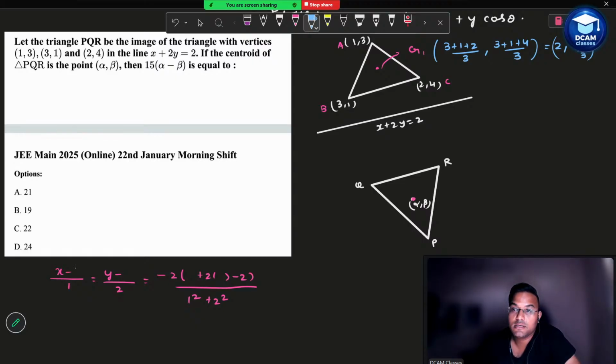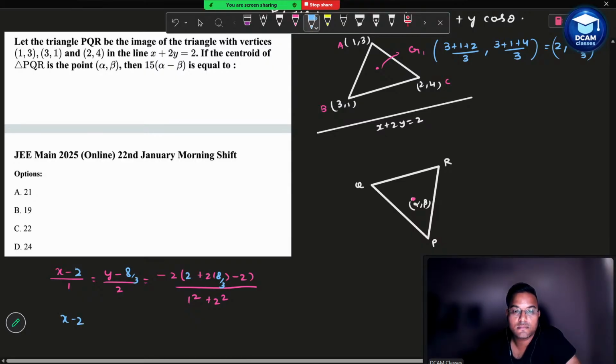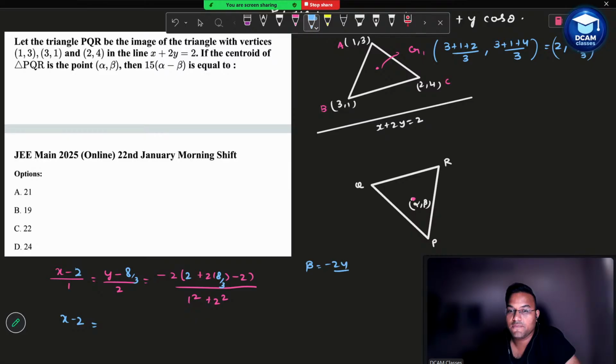Now, for finding the image of this, I'll use 2, 8 by 3. By this, I'll get the image alpha, beta. Alpha is minus 2 by 15 and beta is minus 24 by 15. Let me solve for Venkatesh.